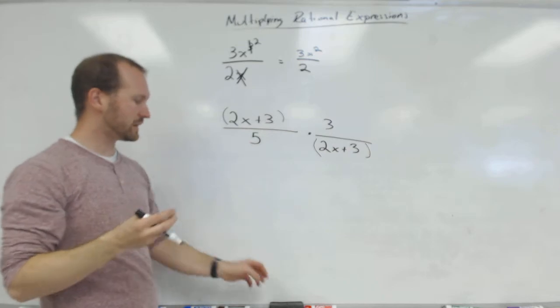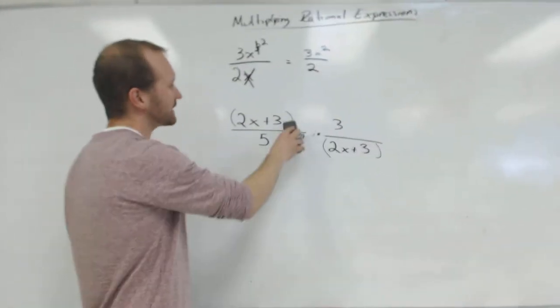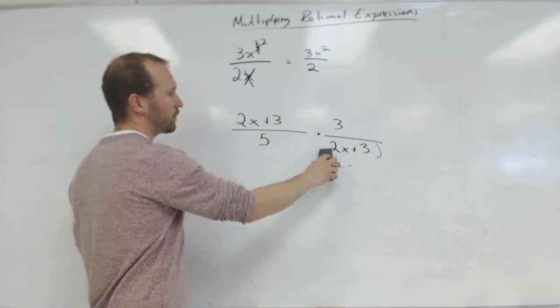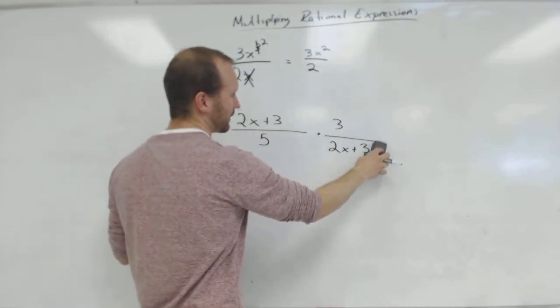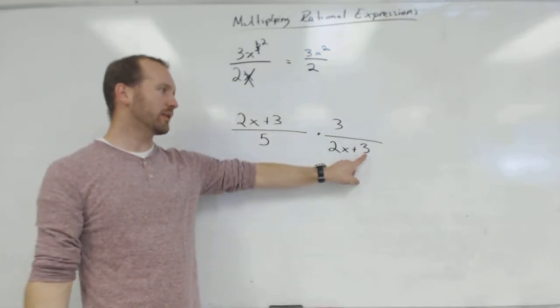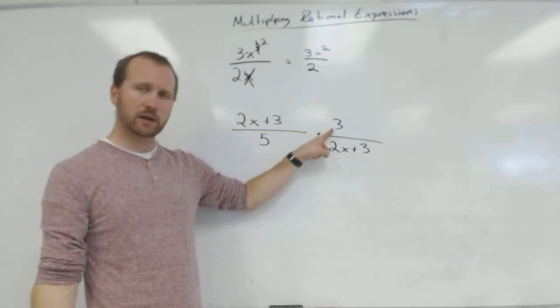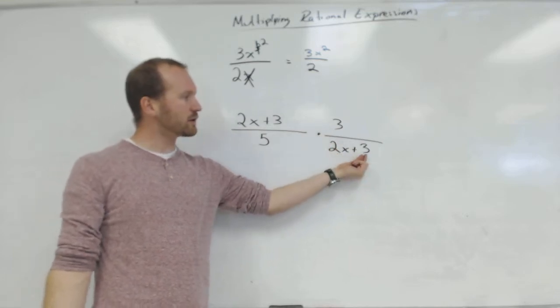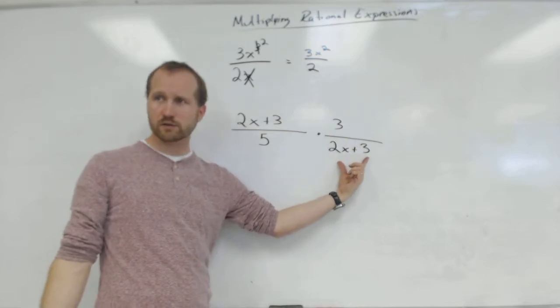A really important mistake, and sometimes I hesitate to even point this out, because I'm afraid people will make the mistake since I've shown it to you. You can't cancel this 3 with this 3. Why not? Because this 3 is part of the 2x plus 3.